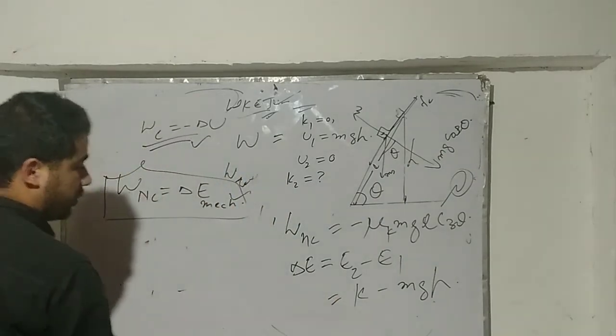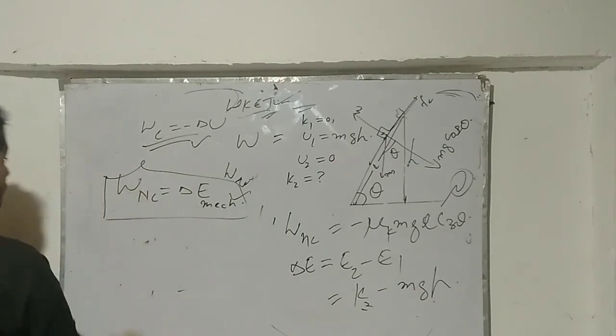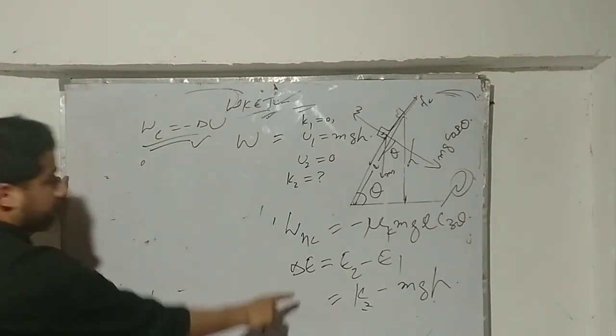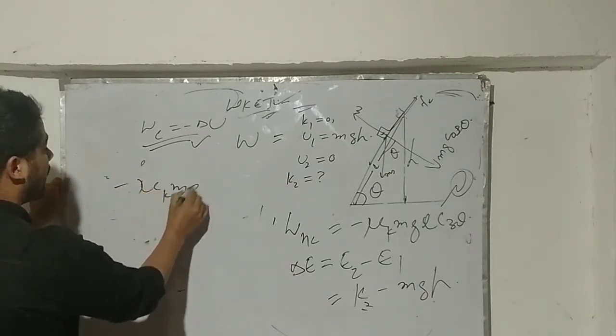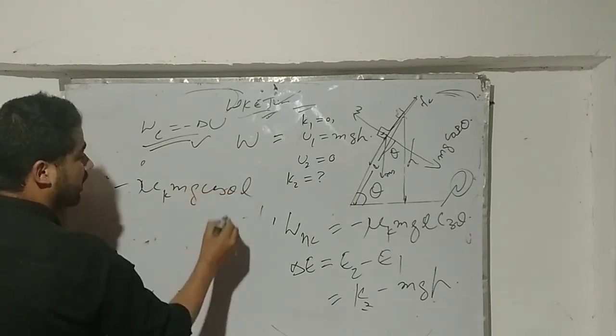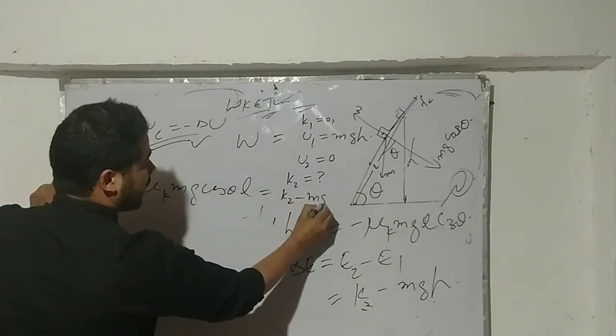So minus mu k mg cos theta L is equal to K2 minus mgh.